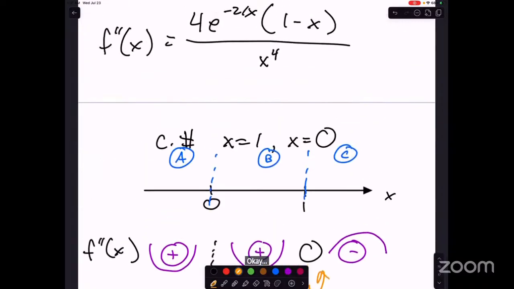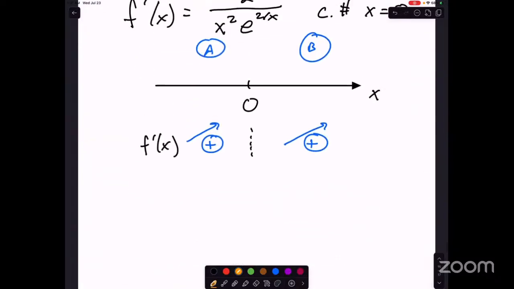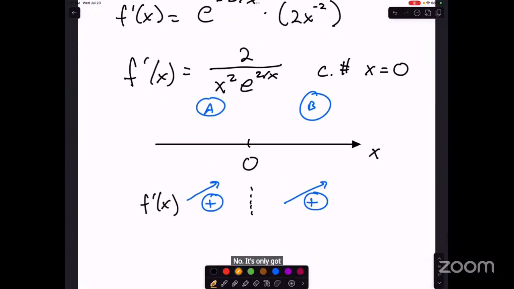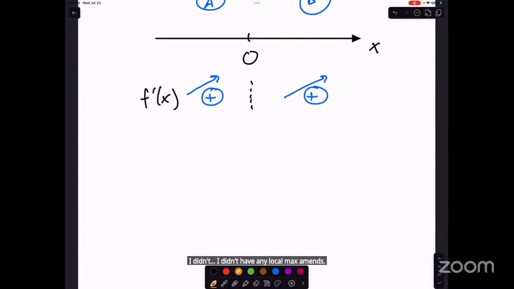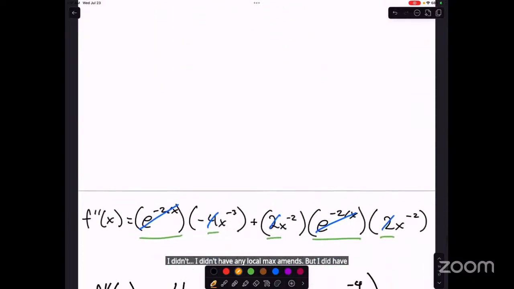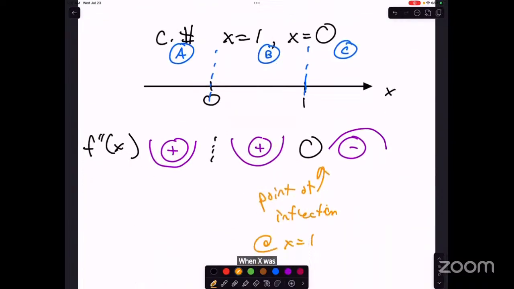So let me see. Do we have a max or min? No, because I only got the one critical number. I didn't have any local max or mins. But I did have a point of inflection when x was 1. We just have to find the corresponding y.